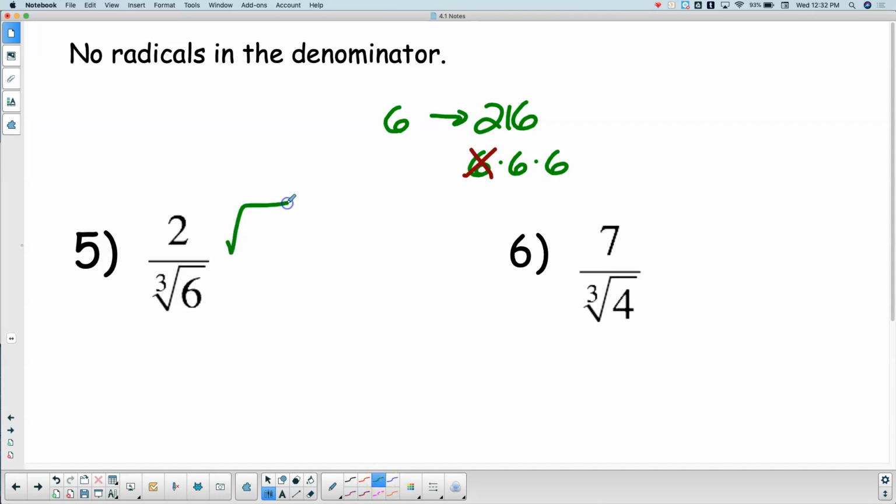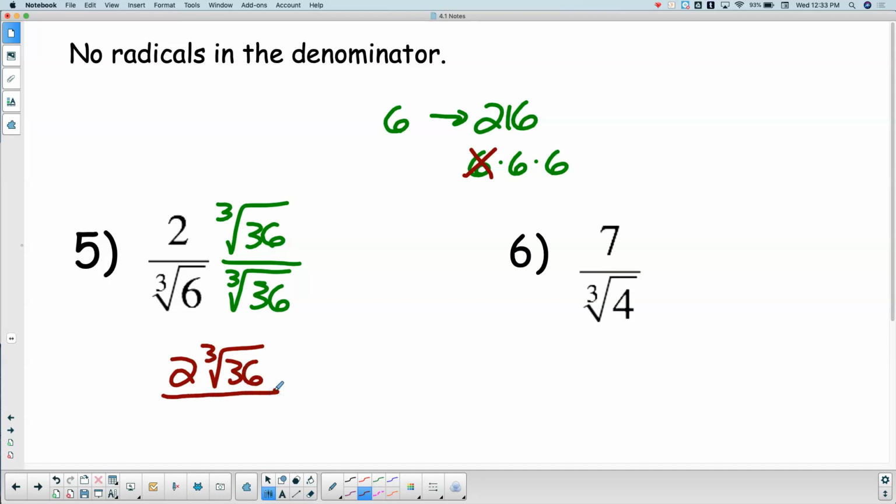So I'm going to multiply here by the cube root of 36 over the cube root of 36. That gives me 2 cube roots of 36 over 6.